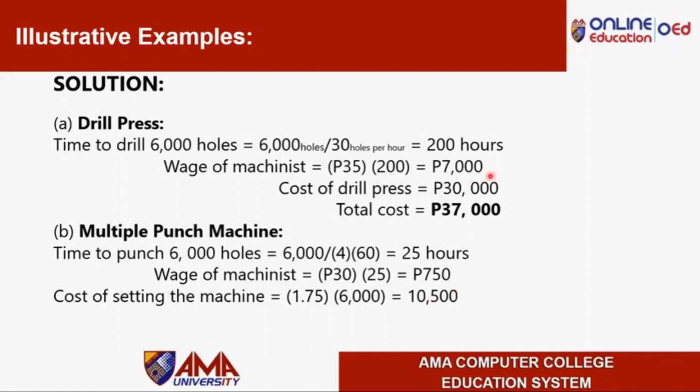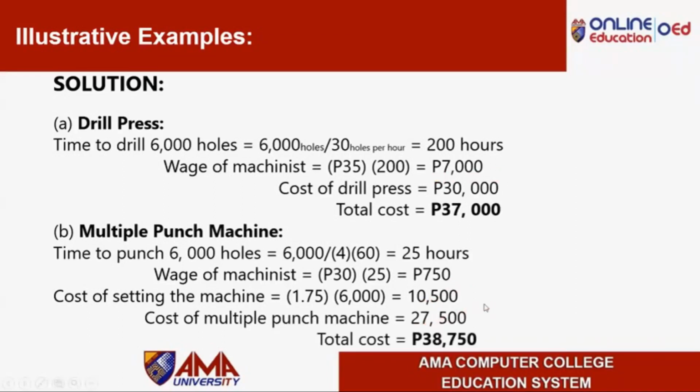Which you do not have here. Plus, the cost of the multiple punch machine is 27,500. So the total is 38,750. Still, the best solution is this one.